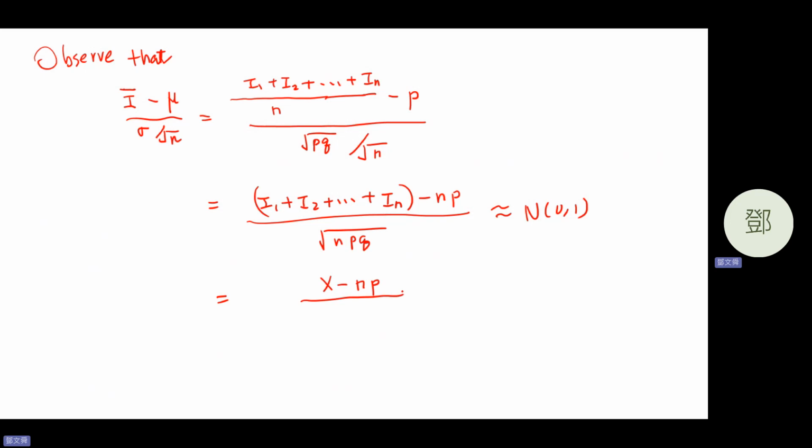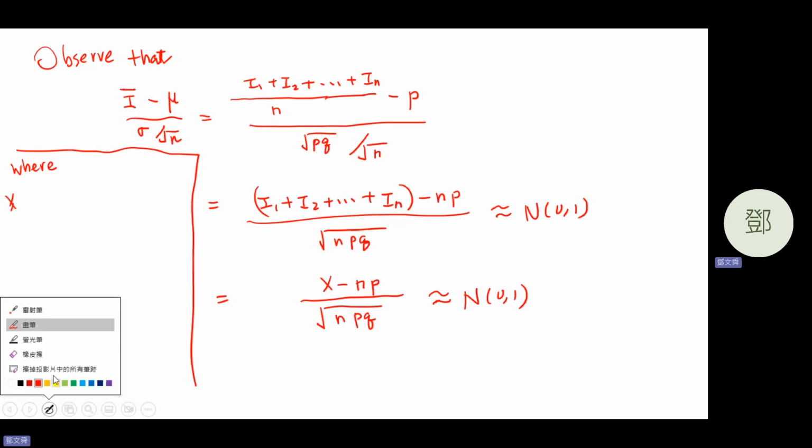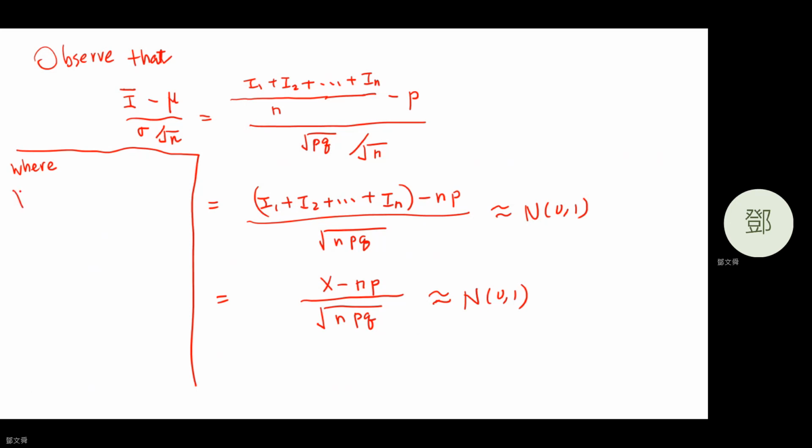So it is x minus np divided by the square root of npq, which is also very close to the standard normal, where x is the sum of n Bernoulli random variables.